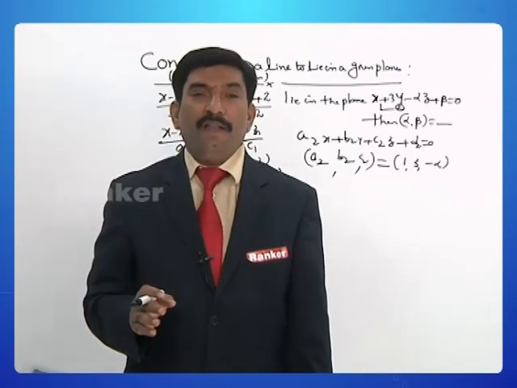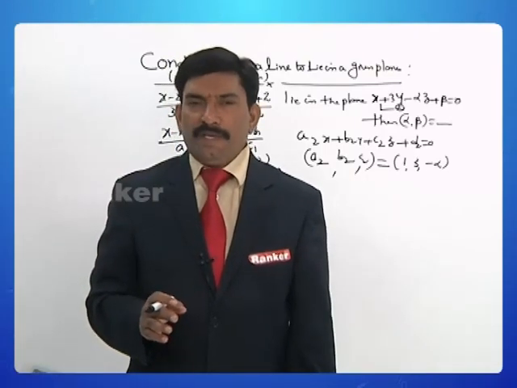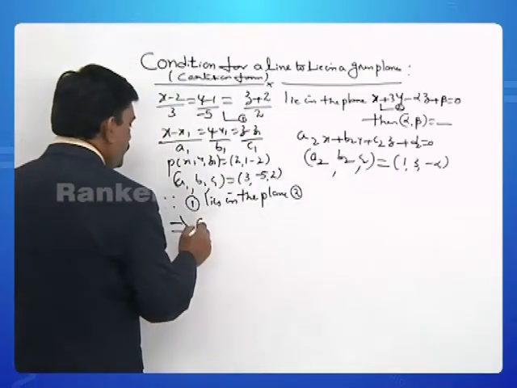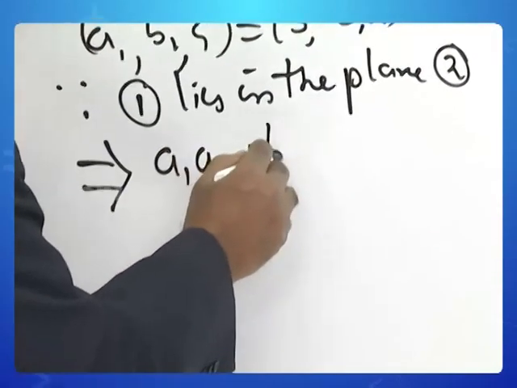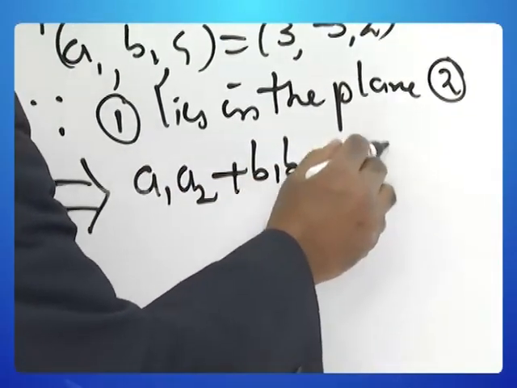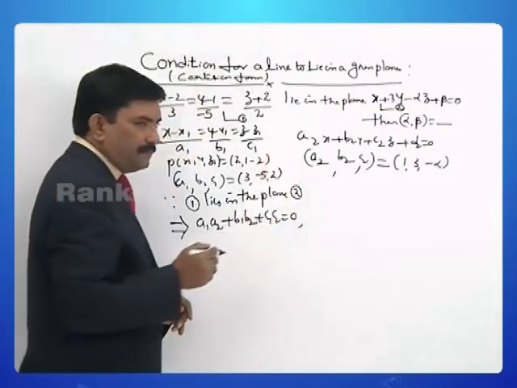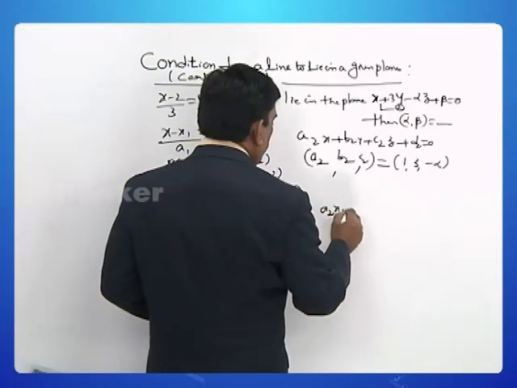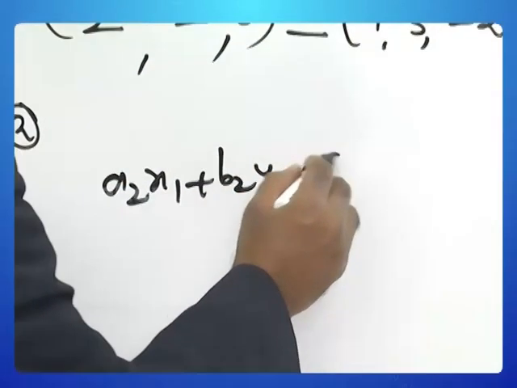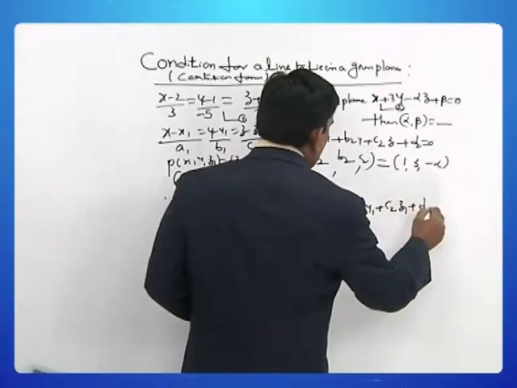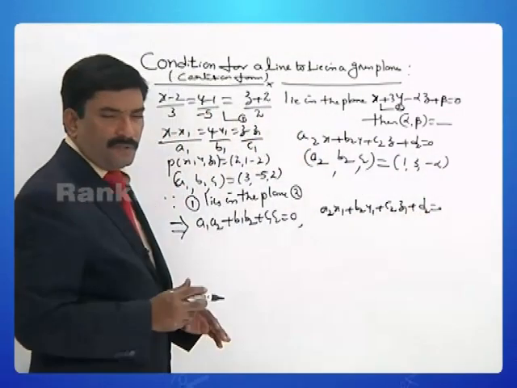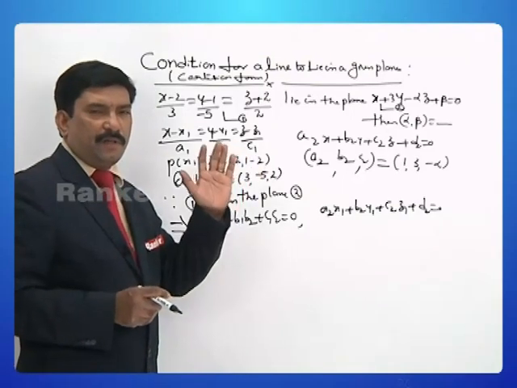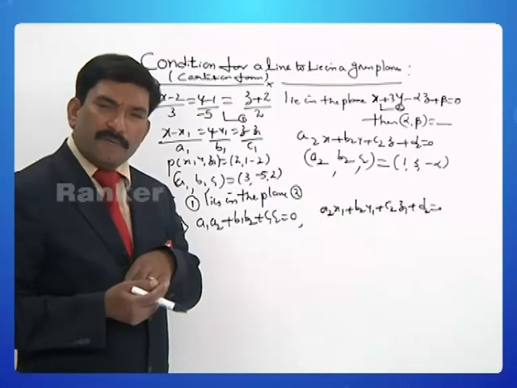It must be an identity; both must be equal to 0. These are the two conditions that substantiate a line lying in a plane.